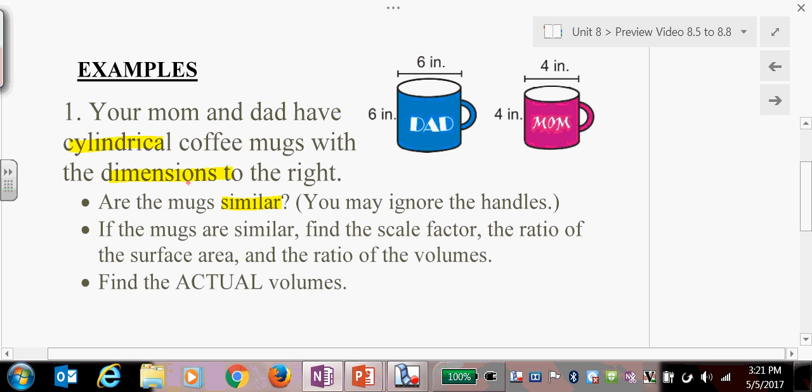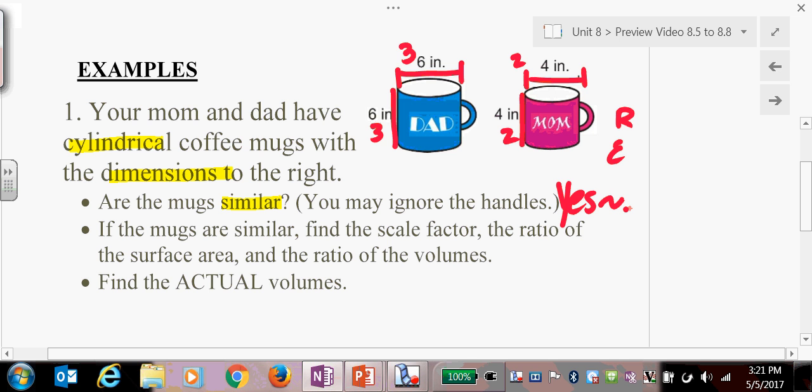Left to right, that's 6, that's 4. 2 goes in there 3 times, 2 goes in there twice, so that's 3 to 2. Let's check this way, our diameters. 2 goes in here 3 times, 2 goes in here twice. So notice the ratios are equal. The first question is, yes, they are similar.